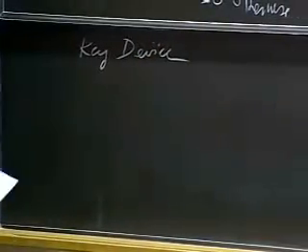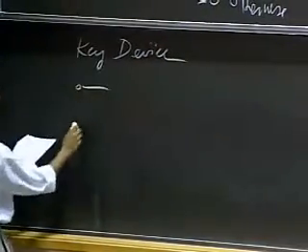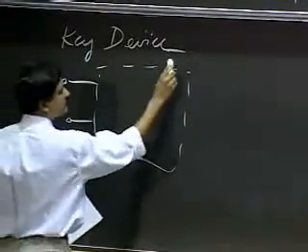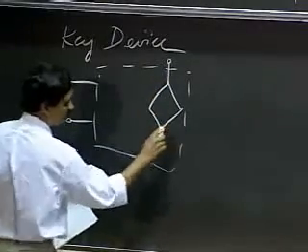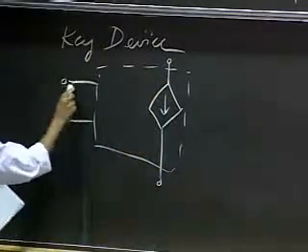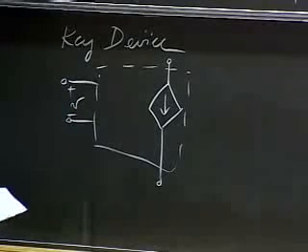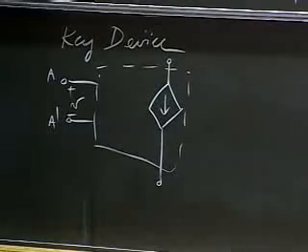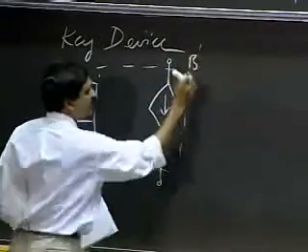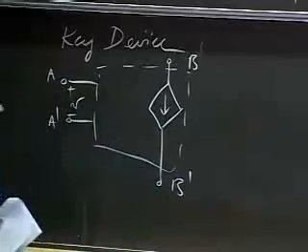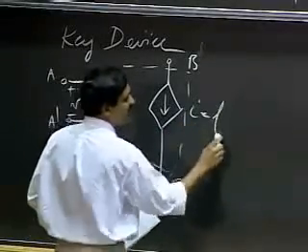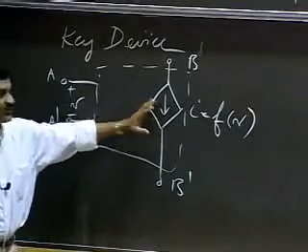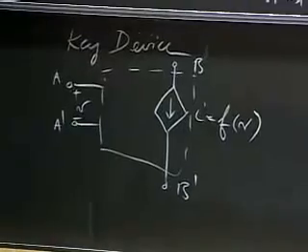So if I could find a dependent source that looked like this, with a control port A prime and output port B prime, where the current through the current dependent source was some function of the input voltage.